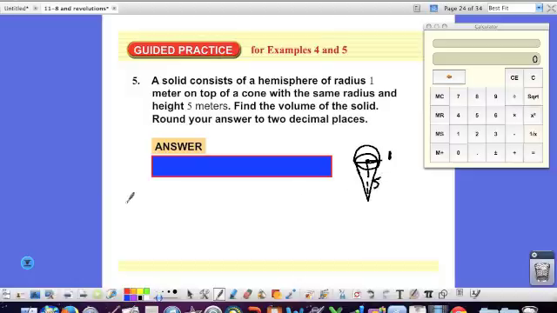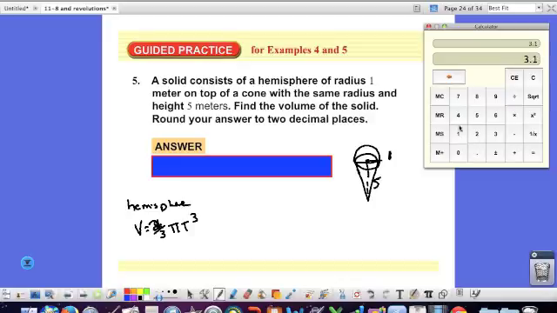So first I'm going to do the hemisphere. And the volume is 4/3 pi radius cubed. Now when I multiply all of that by half, half of 4/3 is going to be 2/3. I'm going to do that. It's going to save me a little bit of time at the end. So 1 times 1 times 1 is still 1.